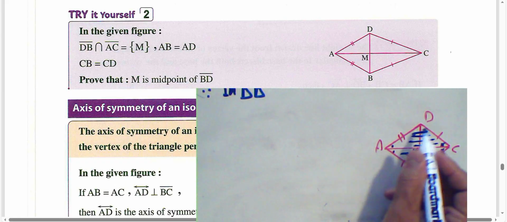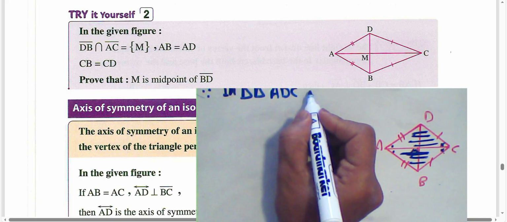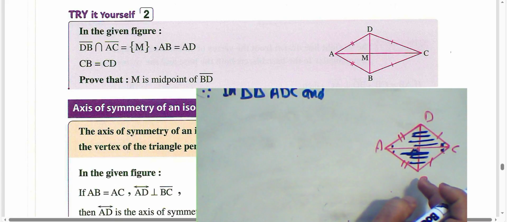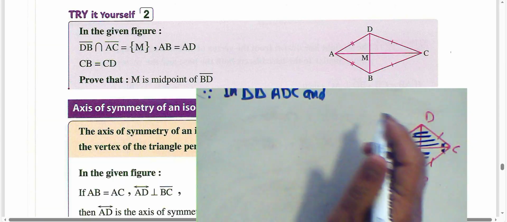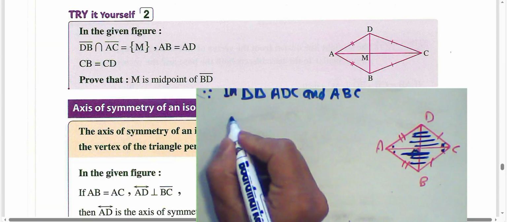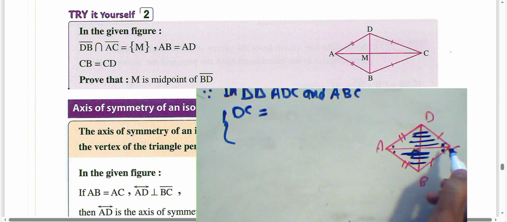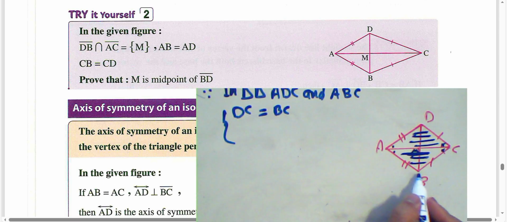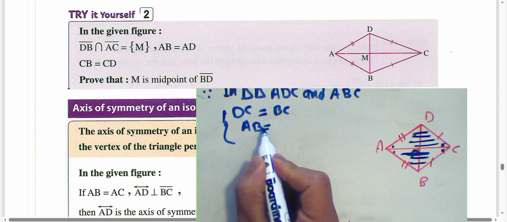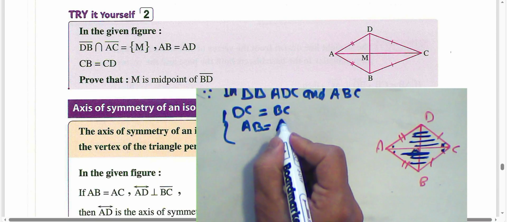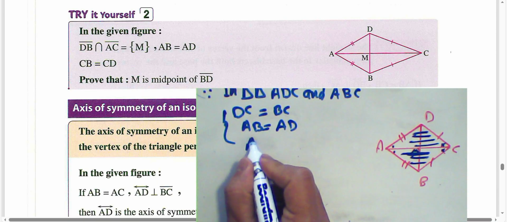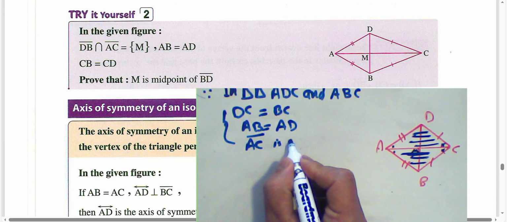In the two triangles ADC and APC, such that DC equals PC and AD equals AP, and we have AC as a common side.